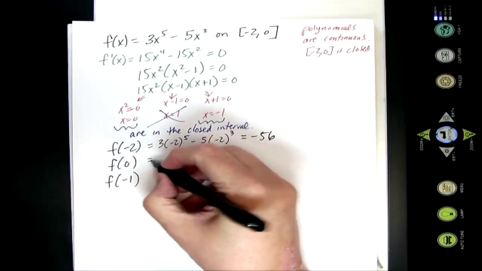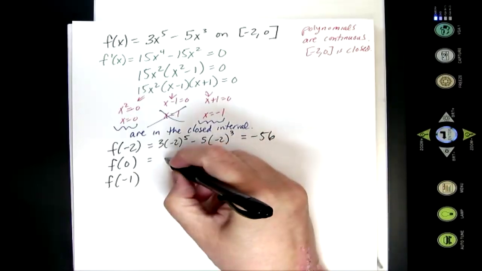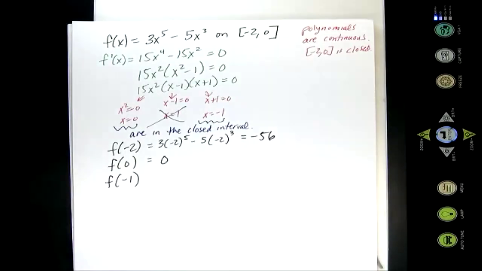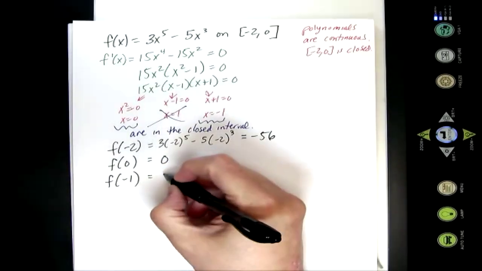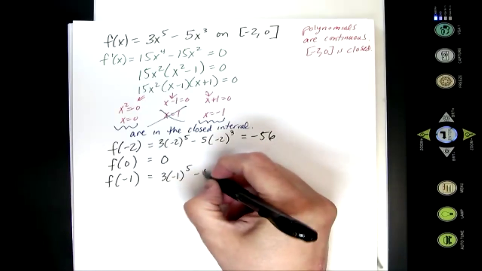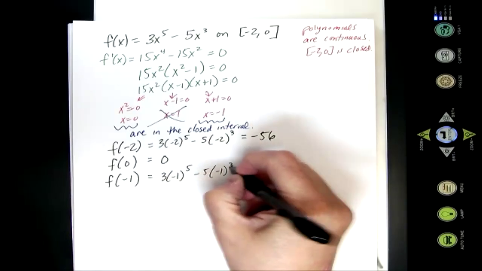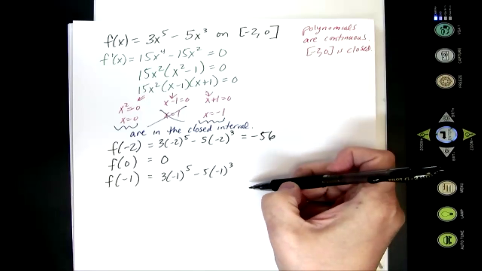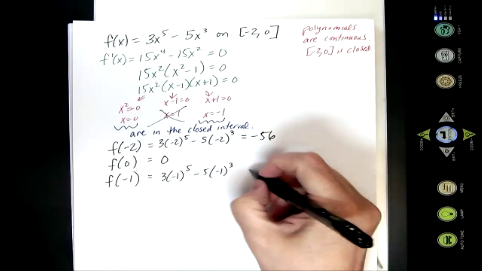F of 0 is 0. F of -1 is 3 times -1 to the fifth, minus 5 times -1 cubed. This is -3 plus 5 equals 2.